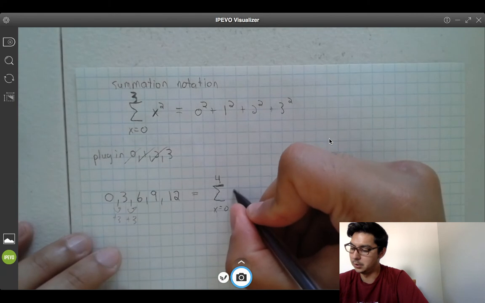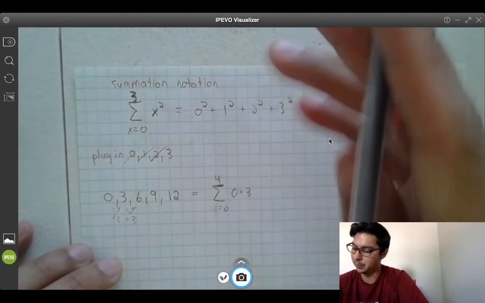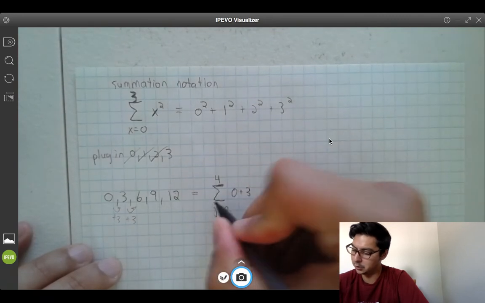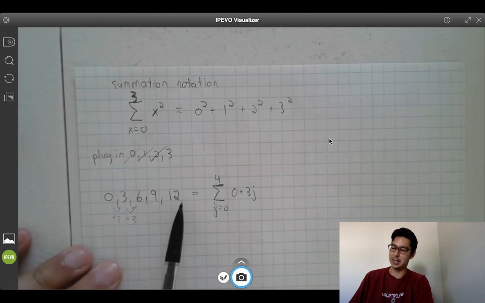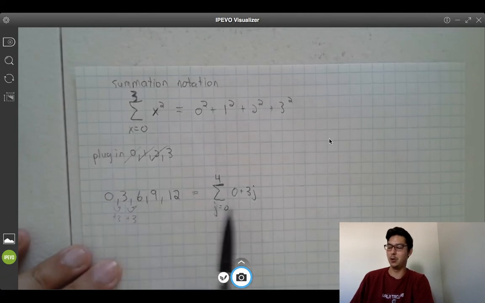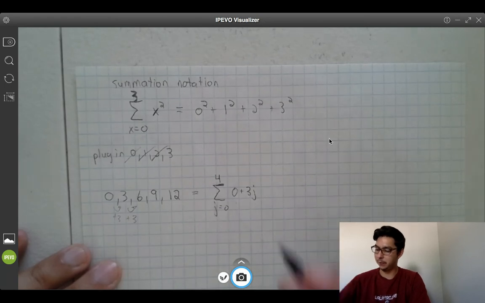So then I could do 0 plus 3, and I don't always like to use x. X actually isn't common. Usually they use i or j. I'll use j here, plus 3j. And that would be the same notation. So that's why summations are nice, because you can summarize a whole pattern in one small notation, it's like a language.